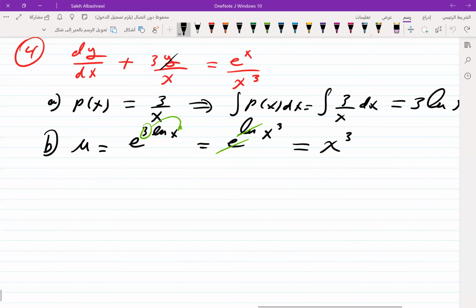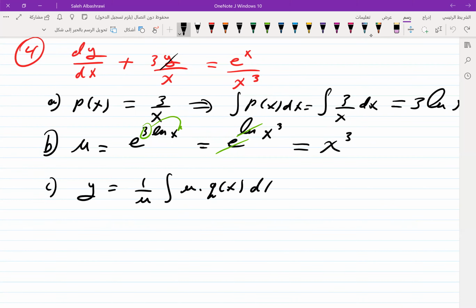So the solution of the equation y equal to 1 over mu multiplied by integration of mu times q of x dx is equal to 1 over x to power 3 multiplied by mu, which is x to power 3, multiplied by e to power x divided by x to power 3 dx. This one, simplify.